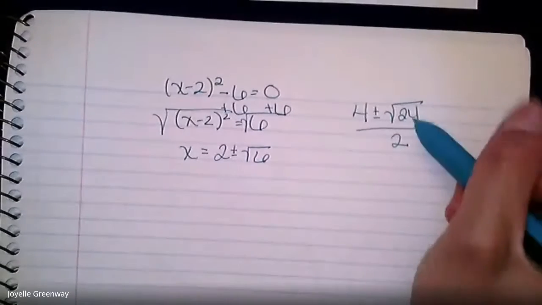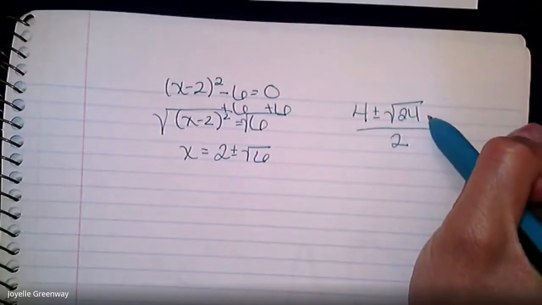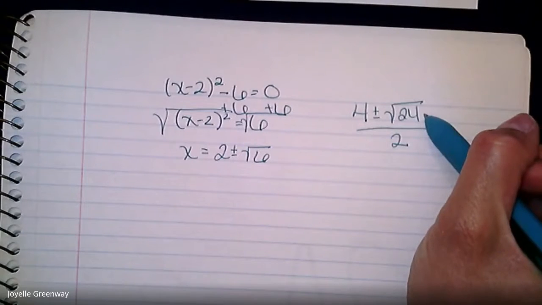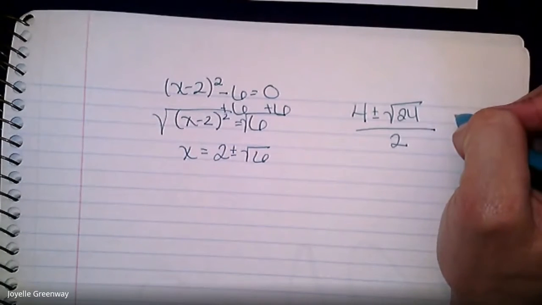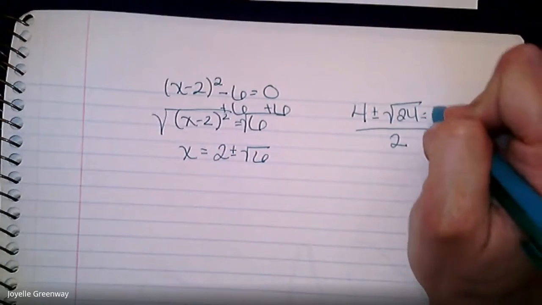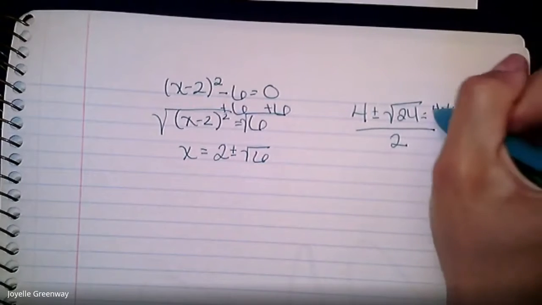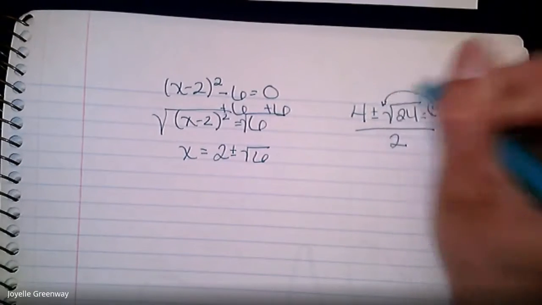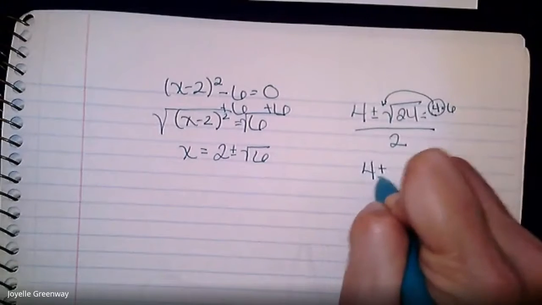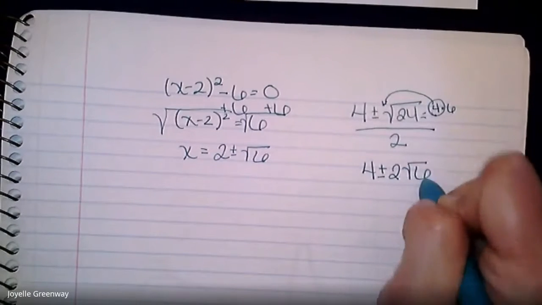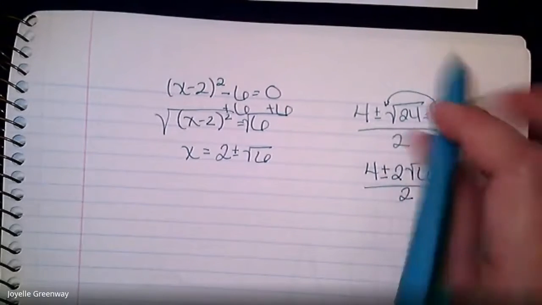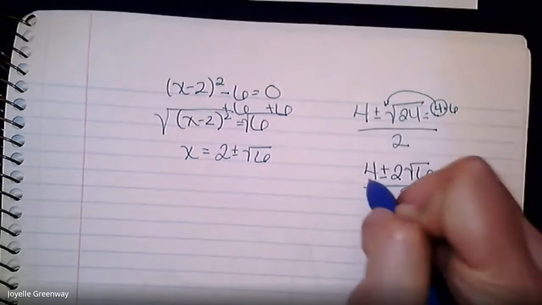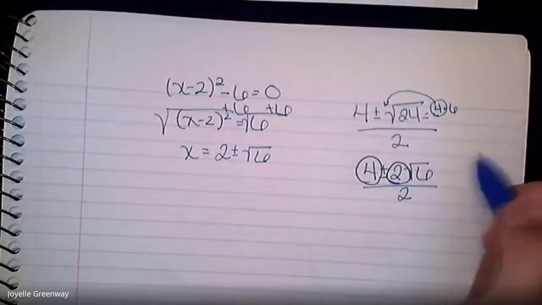When I use the quadratic formula, if I were to simplify the square root of 24, well, 24 is 4 times 6, right? So if I take the square root of 4 out, I get 4 plus or minus 2 radical 6 divided by 2. And this is a mistake a lot of you made when you were solving, was you're simplifying.